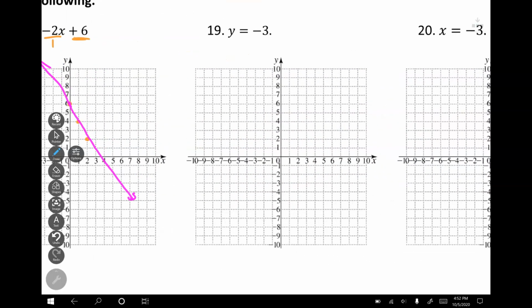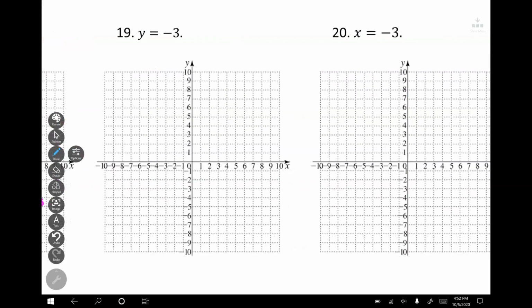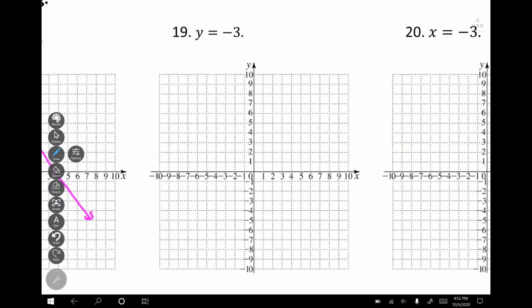But how do you graph a line that says y equals -3? What you do here, if you have an equation like on 19 or 20, where it's just y equals a number or x equals a number, is you're going to find the points on the graph where y equals -3. And you're going to graph every single point where y equals -3.